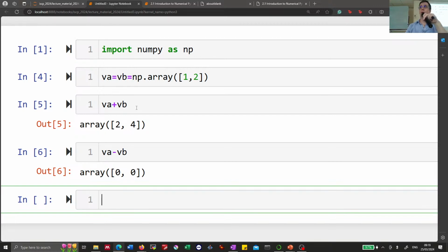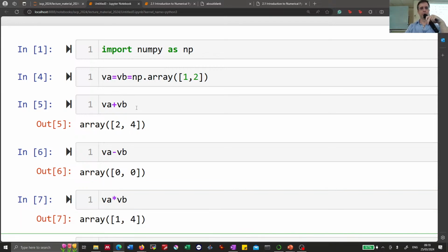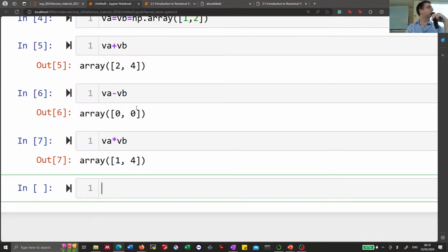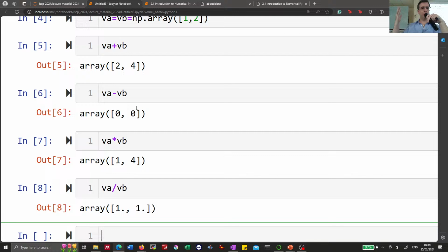Is it 5? It's 5. 1 plus 4 is 5. Yes, okay, good. So, but now let's check what Python is doing. That doesn't check out, right? So we need to be a little bit careful there. And now please look very carefully. Can you divide two vectors? Vector A divided by vector B? Have you ever done this? No, this is one of the things that cannot be done. Oh my God, what's Python doing here?